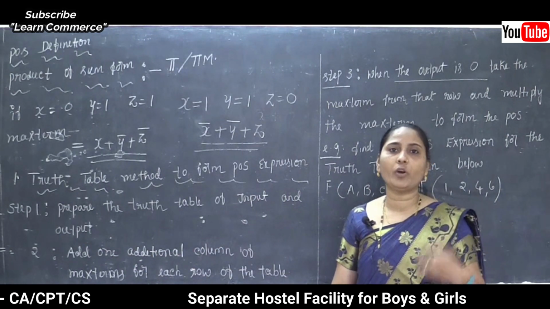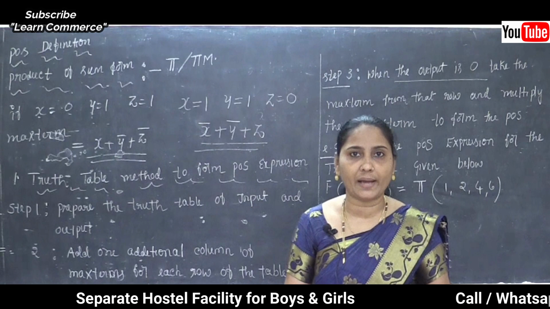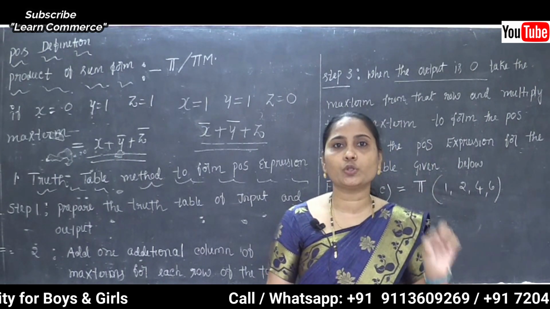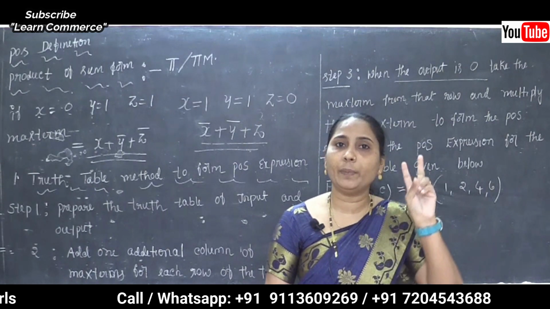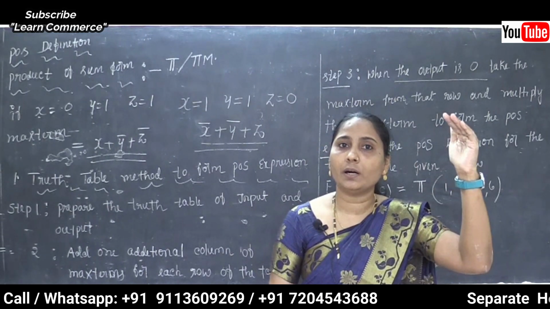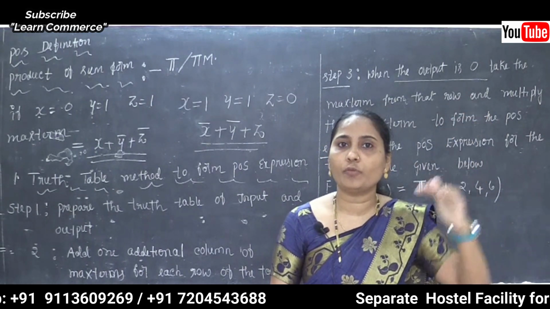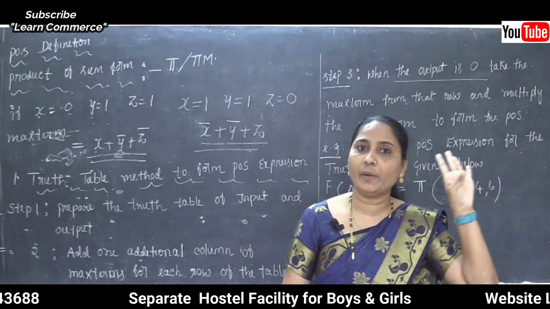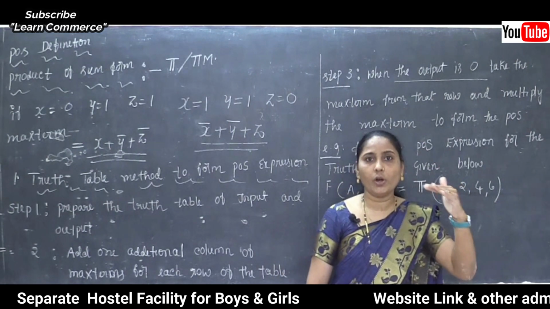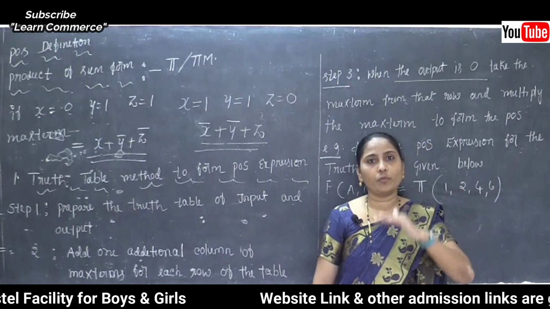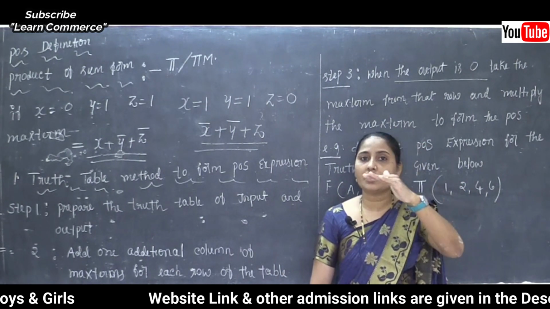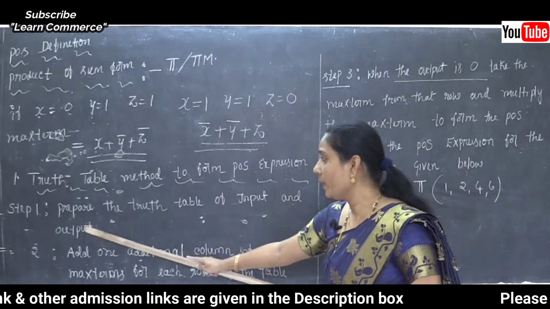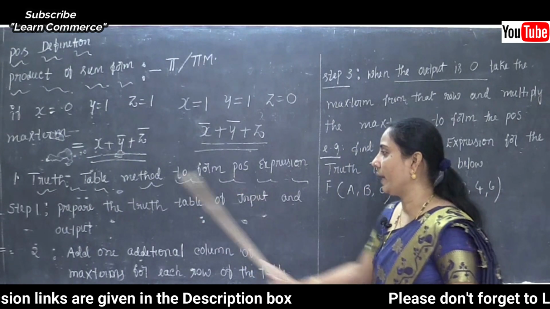That means depending on the number of variables we prepare the truth table. Maybe 2 variables, 2^0, 2^1, 0 1 0 1. Maybe 3 variables, that means 4 0s, 4 1s, then 2 0s, 2 1s, 0 1 0 1. Maybe 4 variables, 8 0s, 8 1s, 4 0s, 4 1s, third column 2 0s, 2 1s, last column 0 1 0 1. So prepare the truth table of input and output.